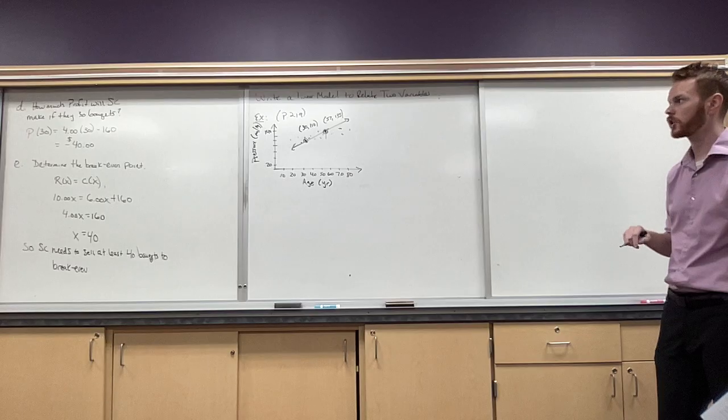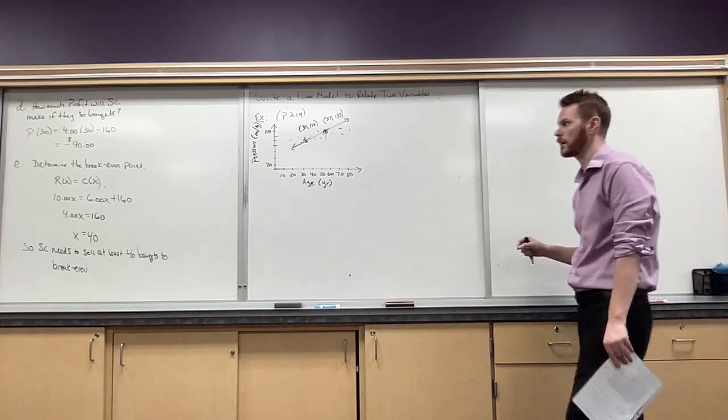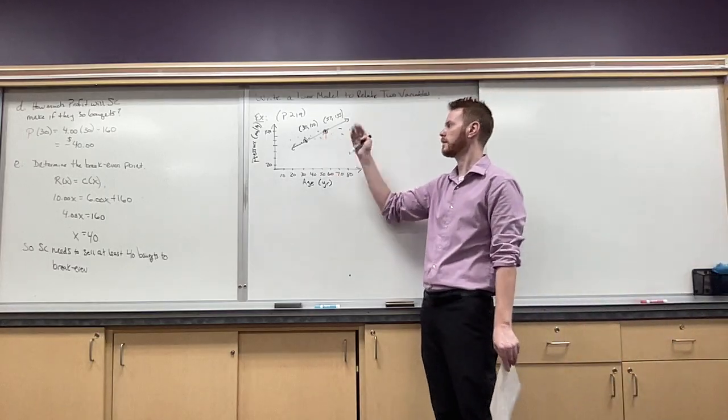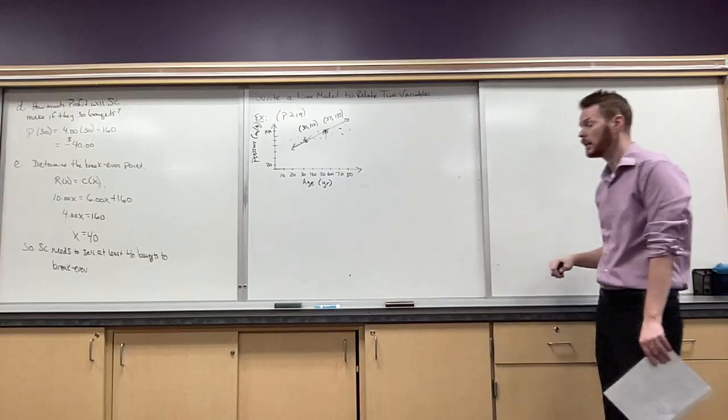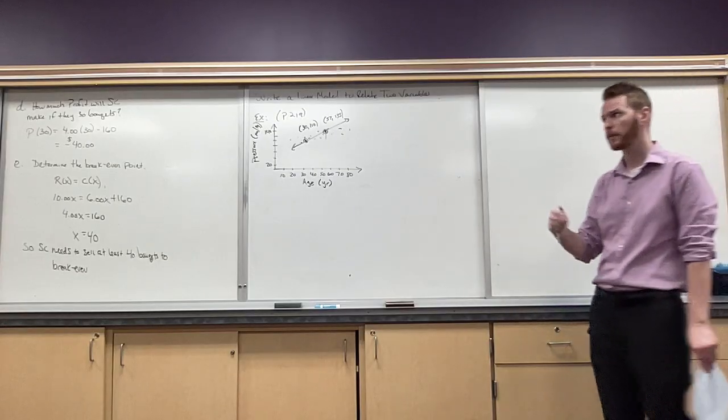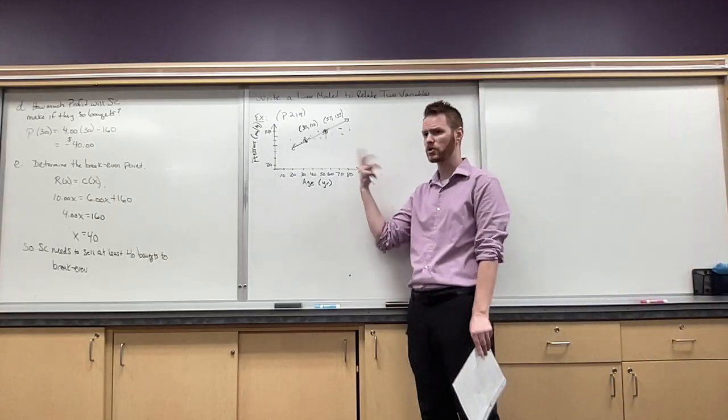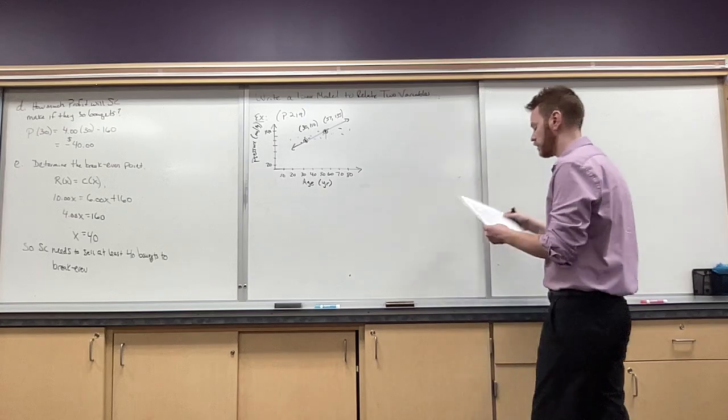And what I did is I created a line with those 2 points. I thought these 2 points best represented the data. That was my line of best fit. Not a regression line. A regression line would actually consider all the points. This is just what I thought looked pretty good.